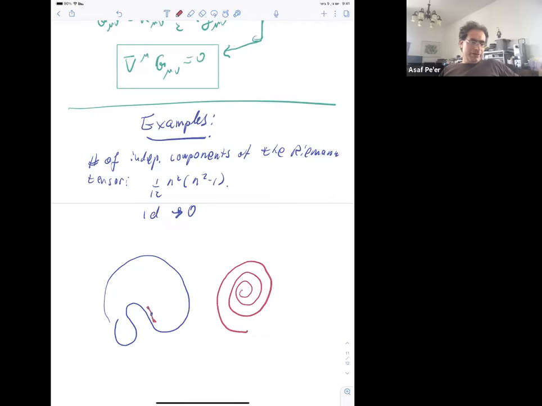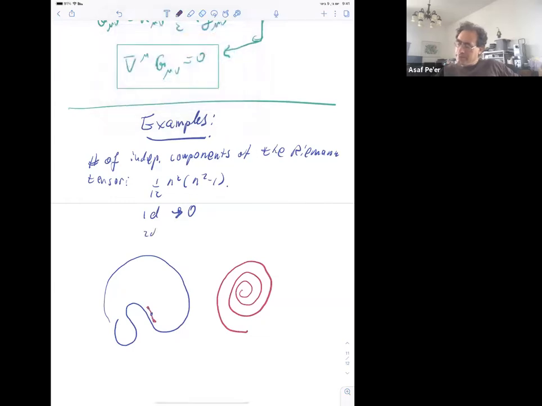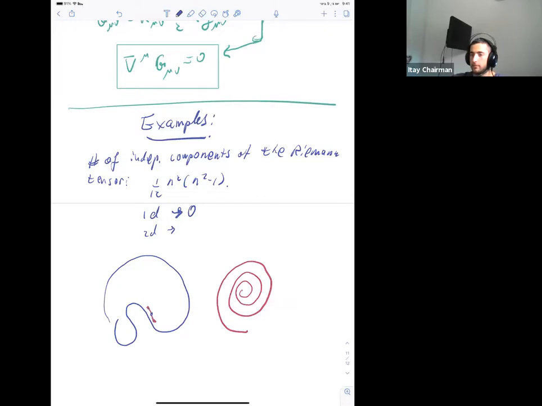What about two dimensions? How many independent components does the Riemann tensor have in two dimensions? One. That means that a single number is enough to describe the curvature of a two-dimensional space.